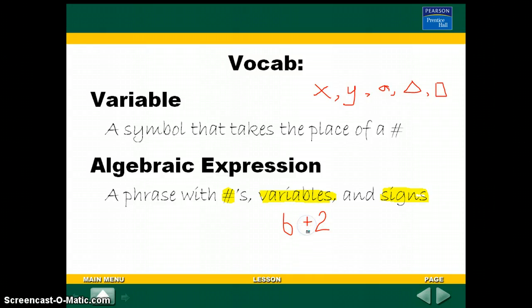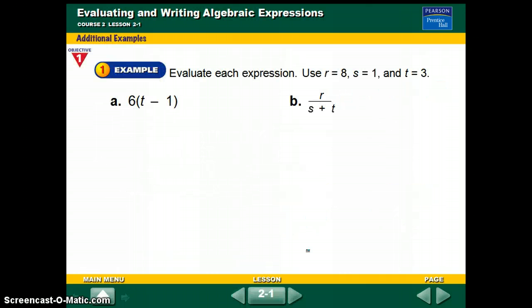We can change it to plus. Maybe we could change it from b to d. And instead of plus, we could do divide. Oops, that's a bad divide sign, isn't it? And instead of 2, we could change it to 3 or negative 12 or whatever we want, right? So a phrase with numbers, variables, and signs.